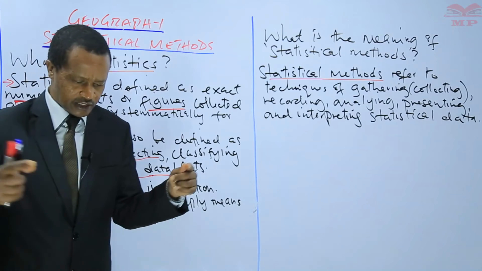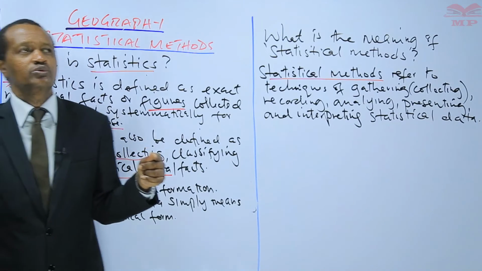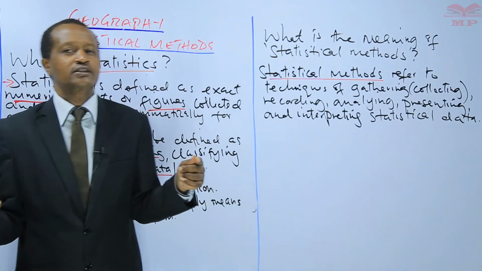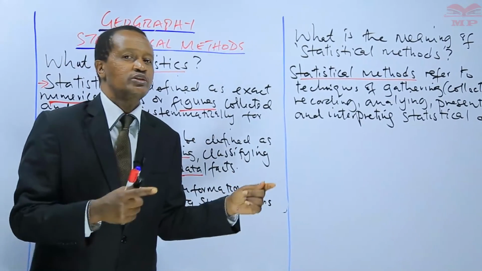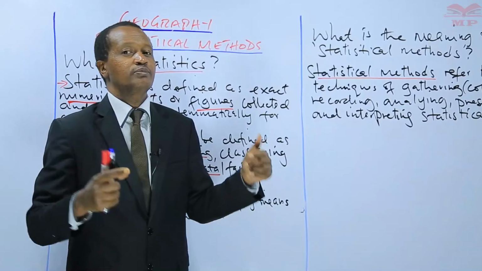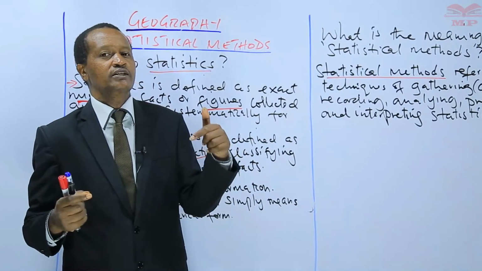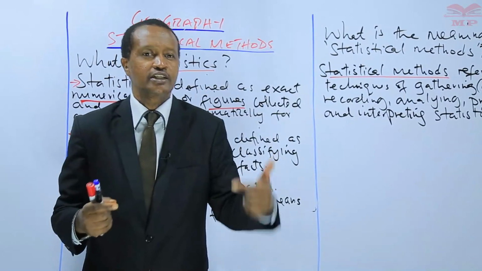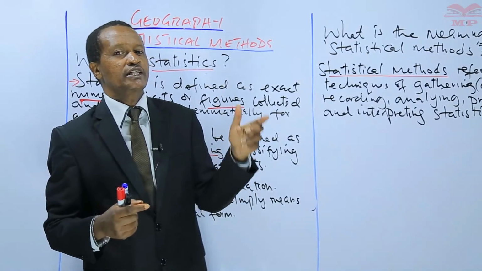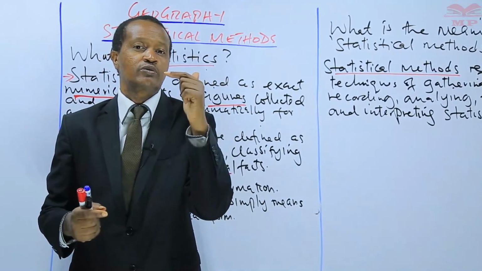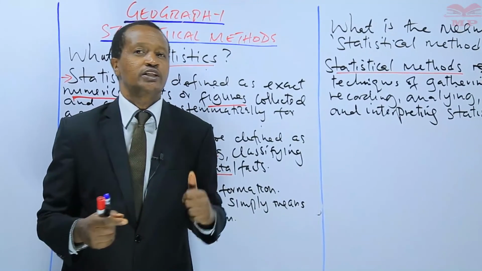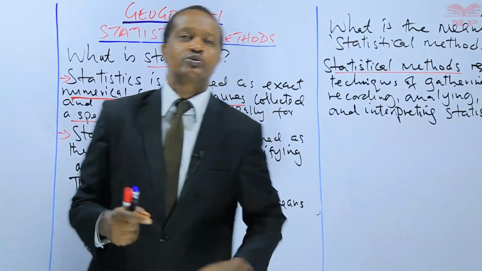And in our next lesson, we are going to learn the different ways in which statistics plays a role in enhancing the study of geography and clarifying the documented geographical facts. That's what we are going to study in our next lesson.